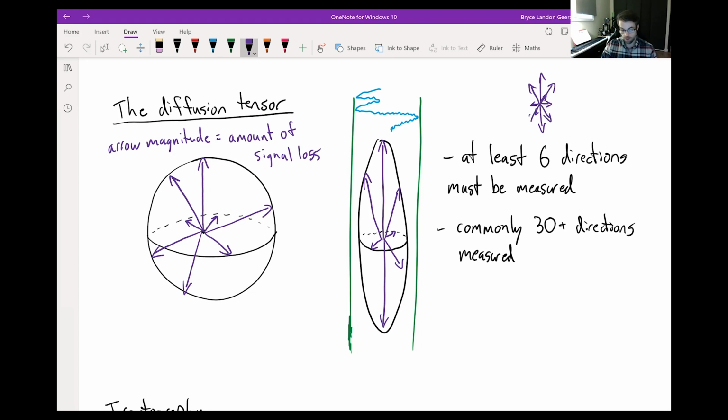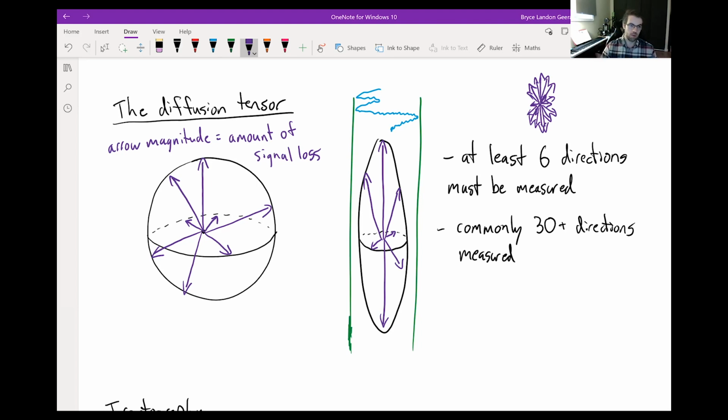This is obviously going to be very messy, but essentially the more arrows you draw, the more complete and accurate an ellipsoid you can draw, right? Because you're collecting more points along the outside, so you can better represent the overall diffusion conditions in an area. This is obviously very important when you have more than one population of fibers crossing, which is a very common condition to measure diffusion in, where the tensor breaks down a little bit.